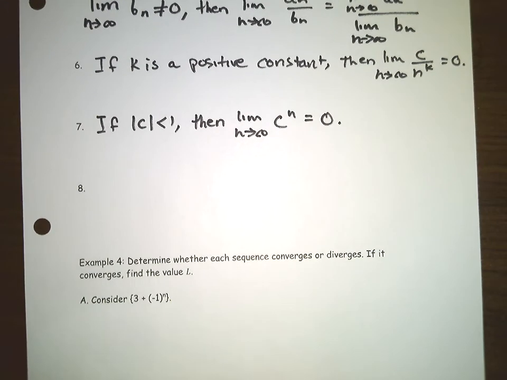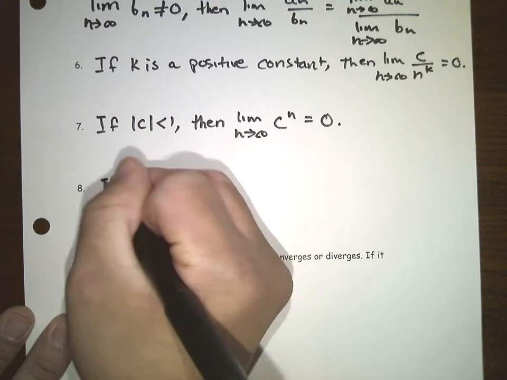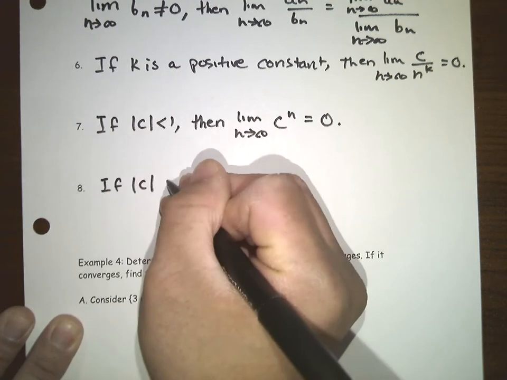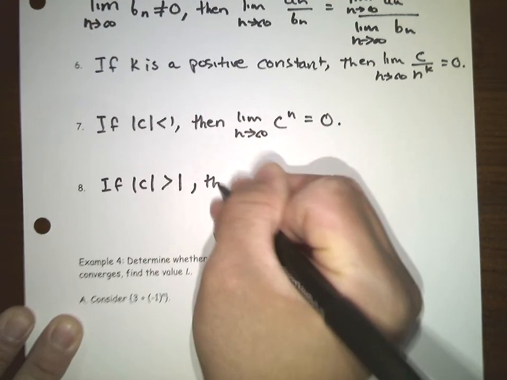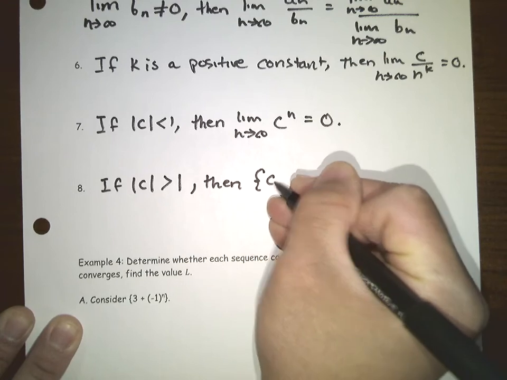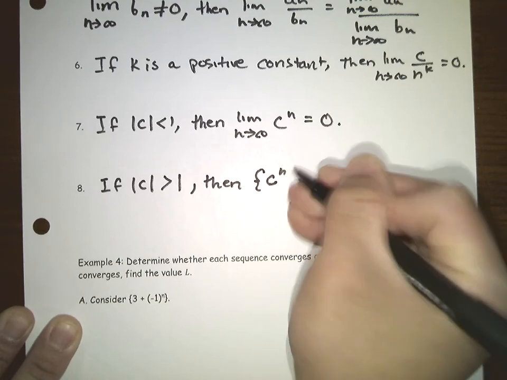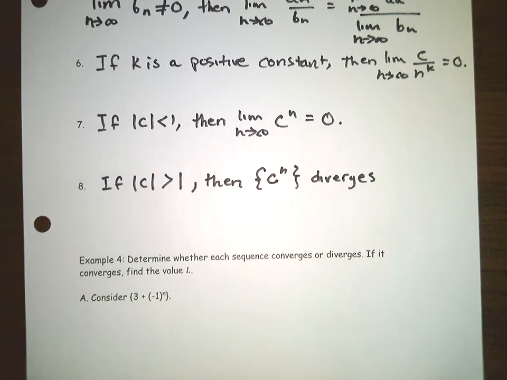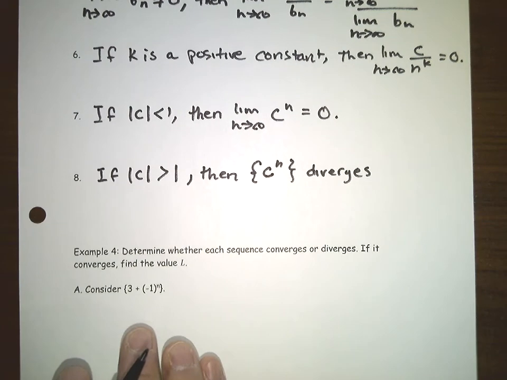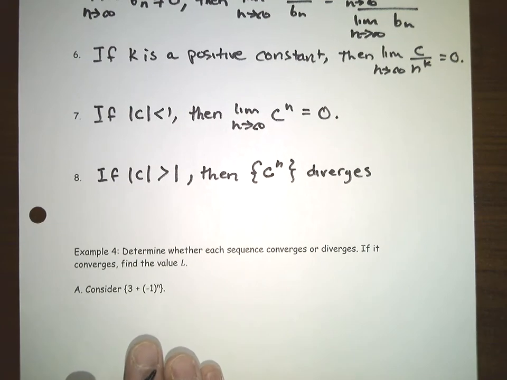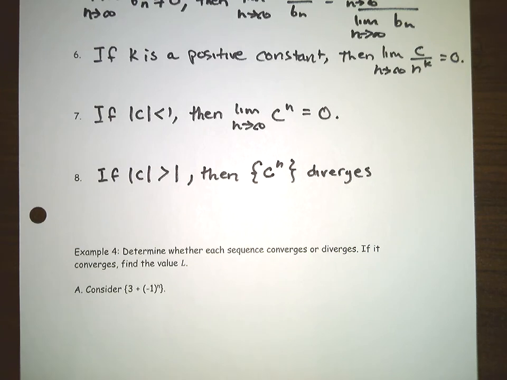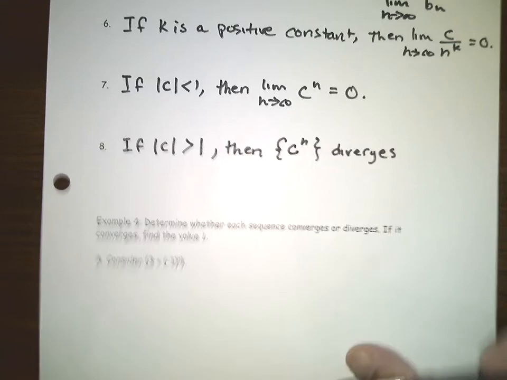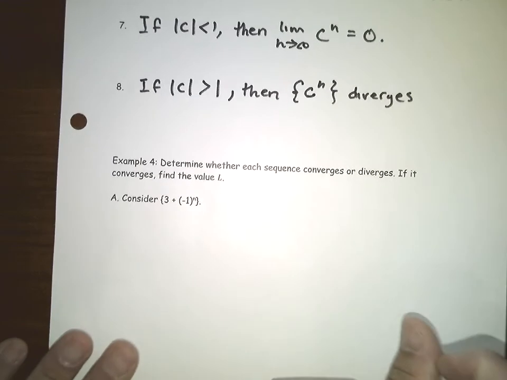And then finally, if the absolute value of c is greater than 1, then the sequence c to the n actually diverges. So you just want to make sure that you're clear on those two items right there. So here's some simple ones here.